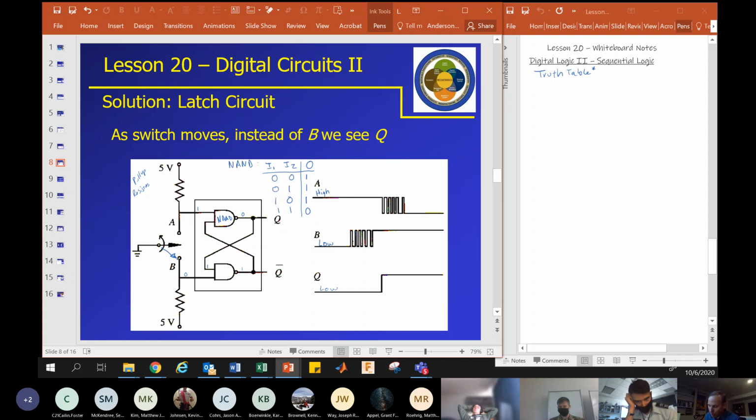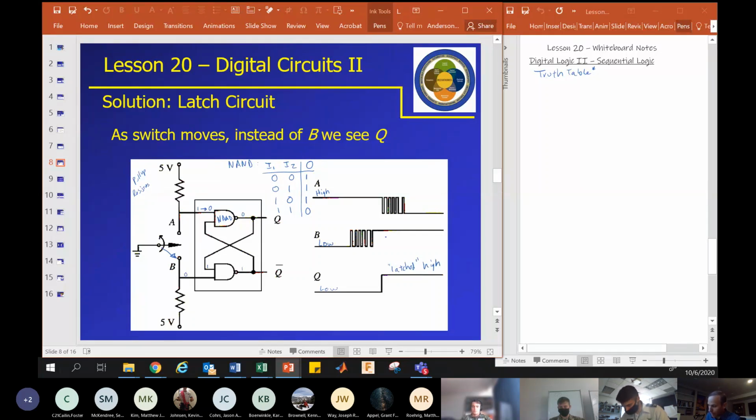As we first start to move the switch, we're going to get bouncing on the B line, but Q won't change until A starts to go to 0. And once that first happens, Q goes up to 1, it's latched in the high state.